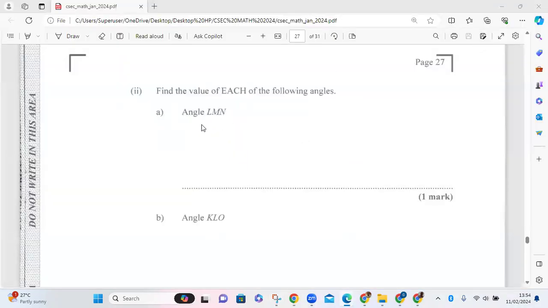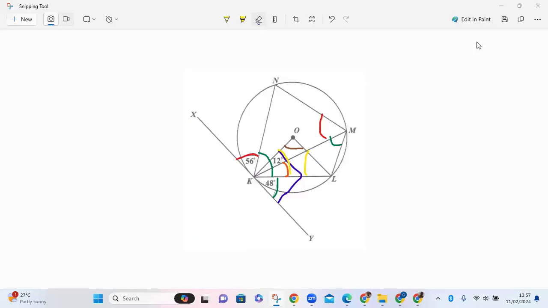So now we have to find LMN. So therefore now, as we said before, NKX is 56 degrees. And NMK is also 56 because of the alternate segment theorem. And LMK is 48 because of the same alternate segment theorem.